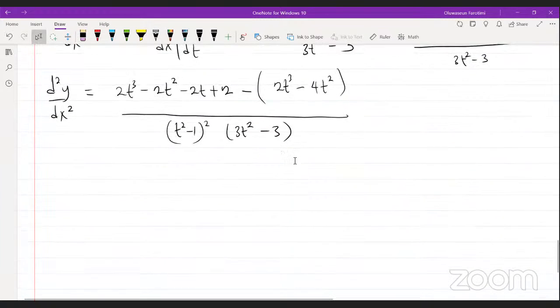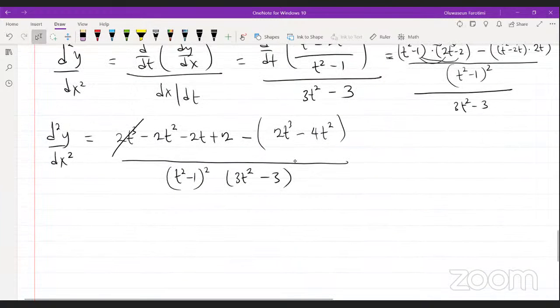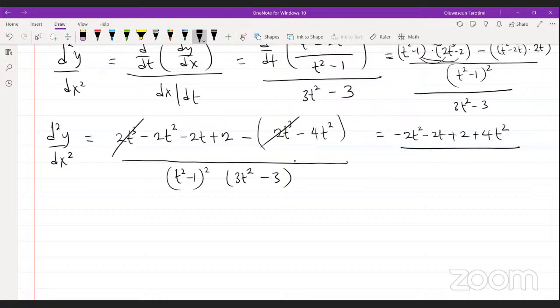Let's see, can things cancel out? Yes. This guy takes off this guy. You have a negative times negative here. It's going to be positive, right? So, divided by t squared minus 1 squared, 3t squared minus 3.